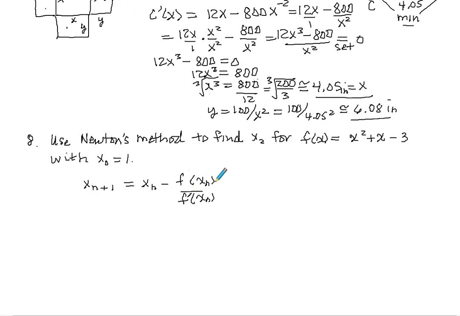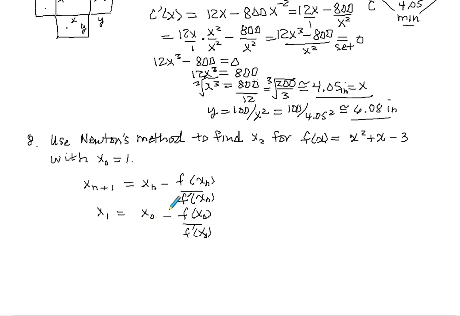So your f prime is on the bottom. So this is the iteration formula for Newton's method. So we're given x0, that means that x1 is going to equal x0, the previous guess, minus f at x0 over f prime at x0.